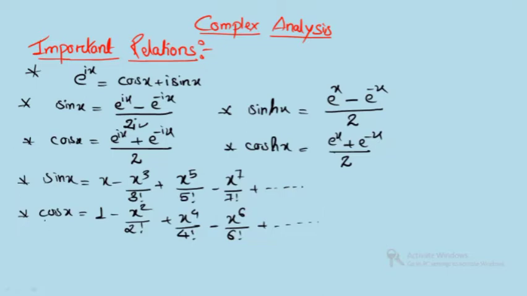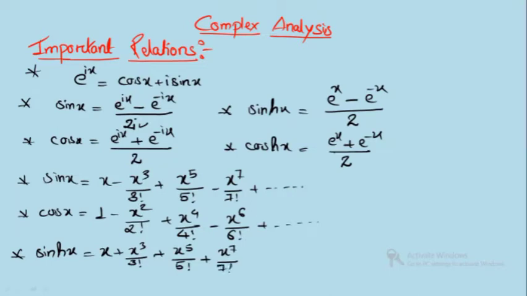Next, you can write sine hyperbolic x also. So it can be written as x plus x cubed by factorial 3, then again plus x to the power 5 by factorial 5 plus x to the power 7 by factorial 7 plus and so on.